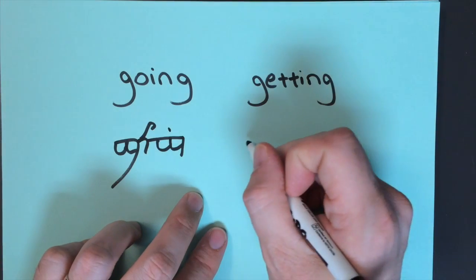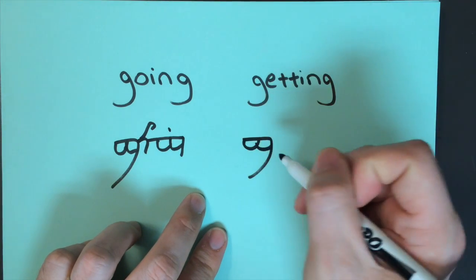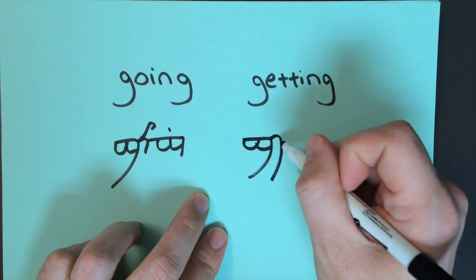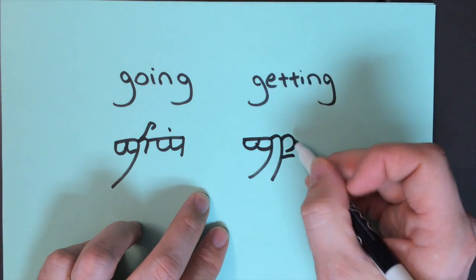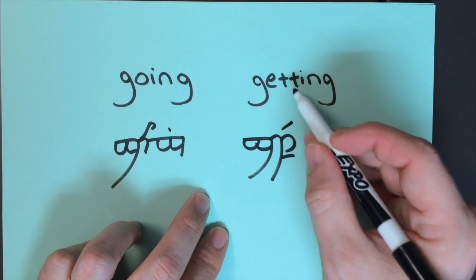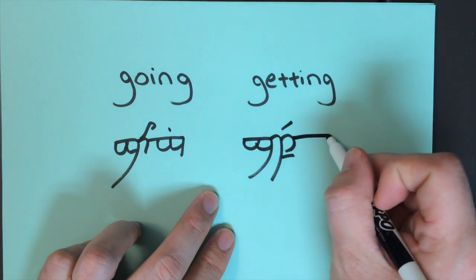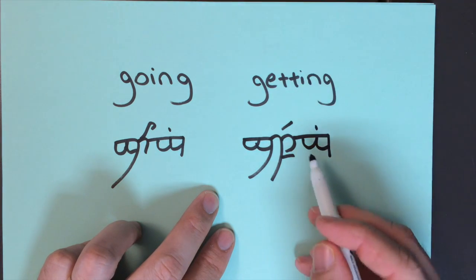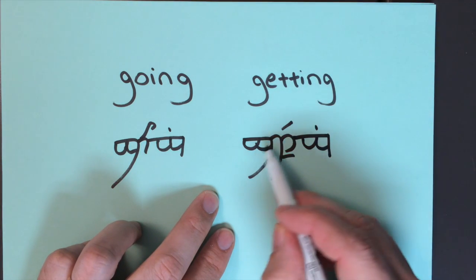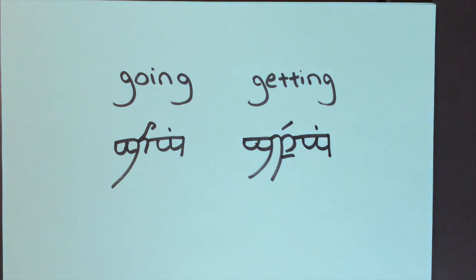So getting, let's do our G. We're going to do a T. Now because there's two T's, we're going to do a line up under like that. Draw our E on top, and over, down, double, double, and an I for ing, getting. There we go.